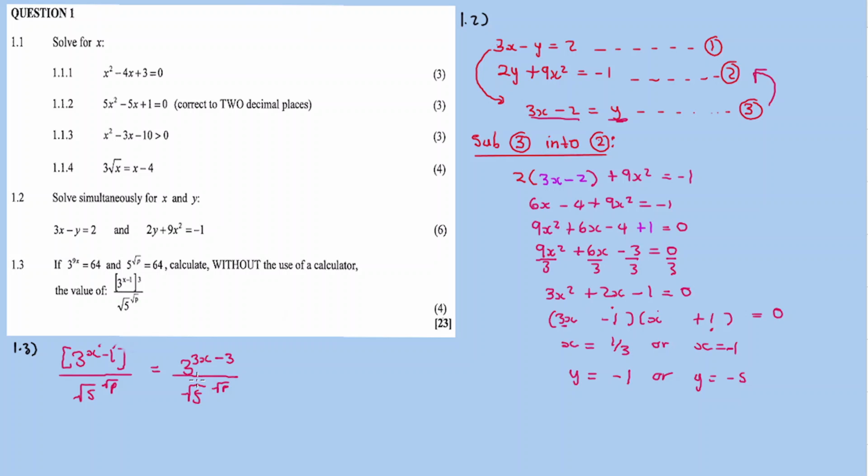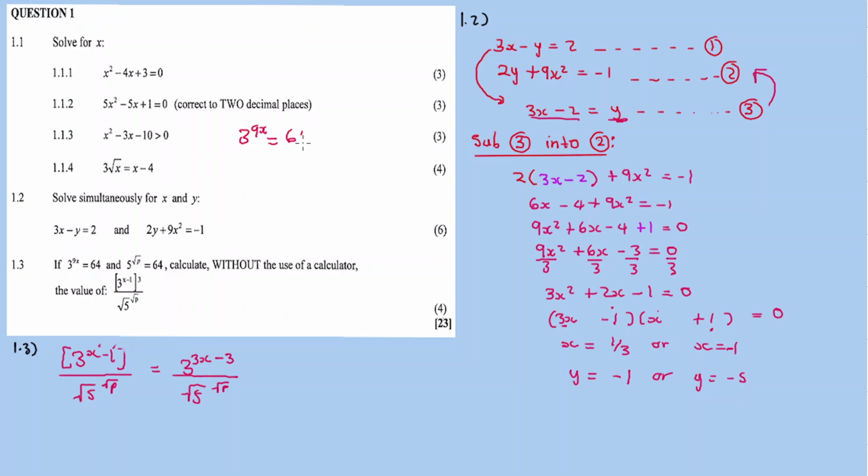If I had 5 raised to exponent square root p, then I would put 64 there. Yes, now let us do so, here is 3 to the 9x equal to 64.